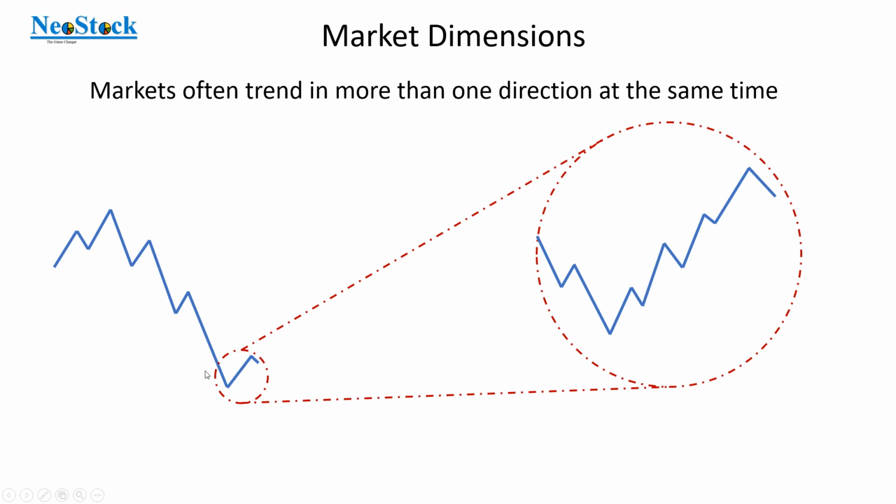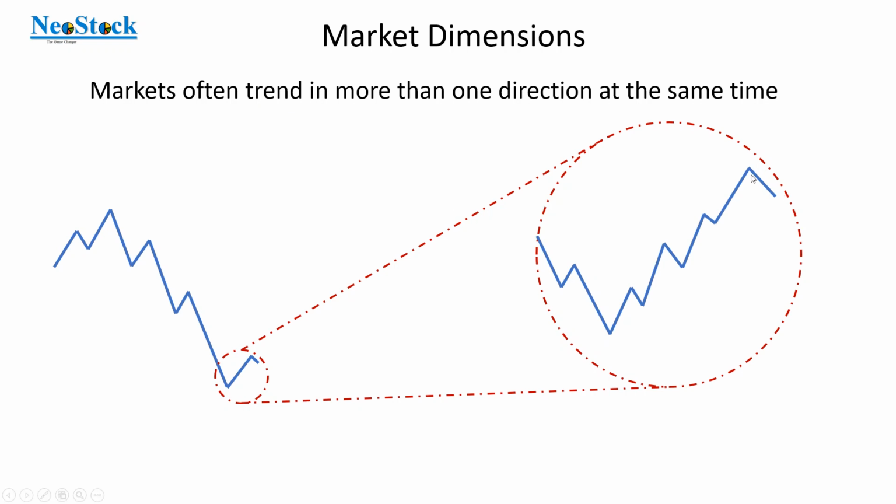But I am looking into a small portion of this particular chart, I zoomed in on this area, and I am analyzing this chart and saying the trend of the stock is uptrend. That is the reason why we always say the market often trends in more than one direction at the same time.